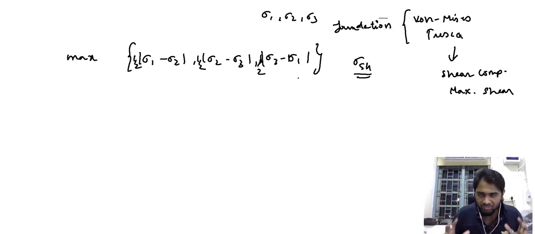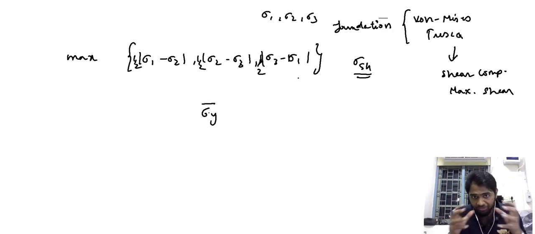Now, towards the end of the previous lecture, we considered a specific material, and when we consider a specific material, what we are assuming is that the yield point of that material is constant.